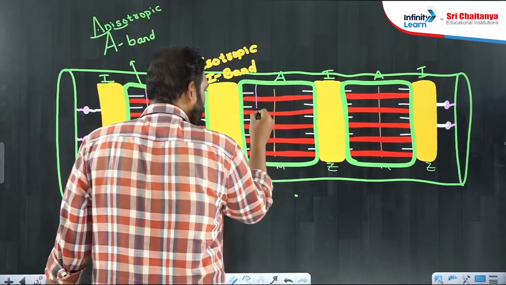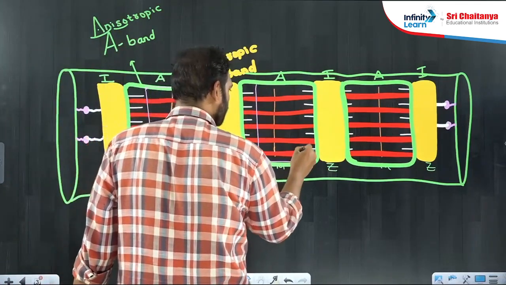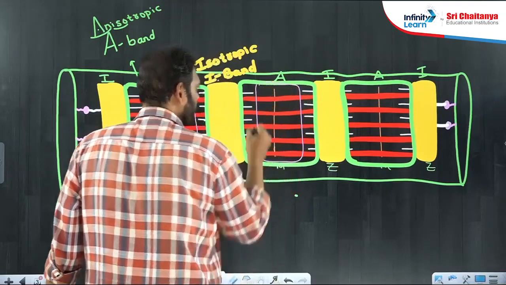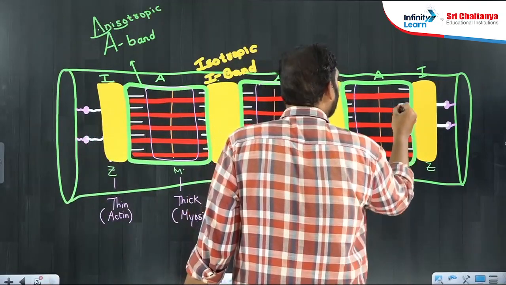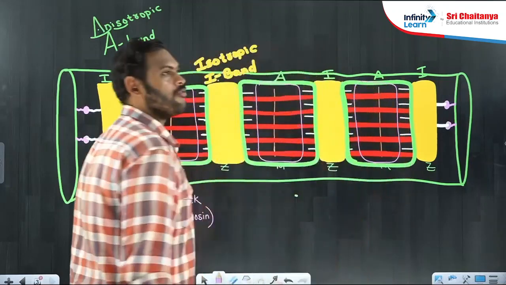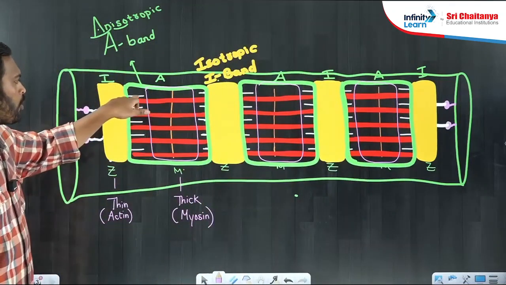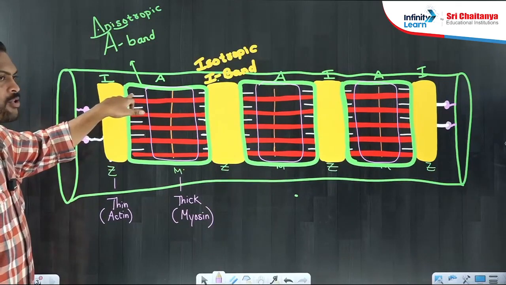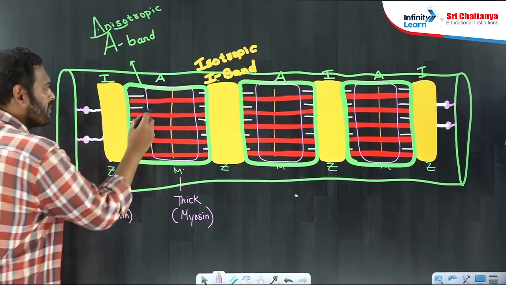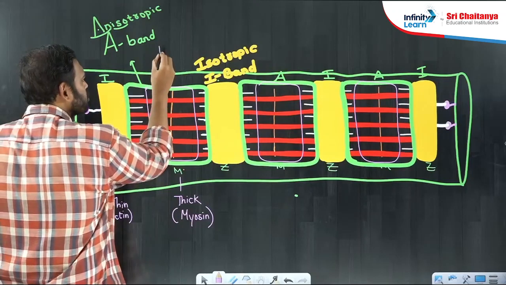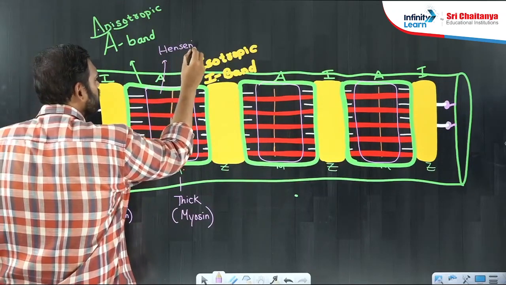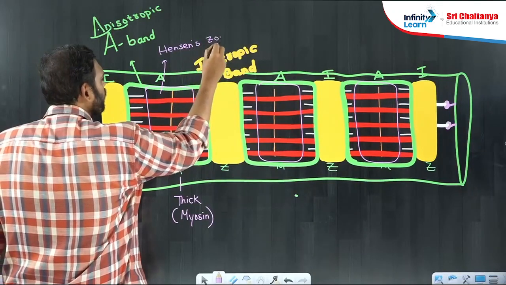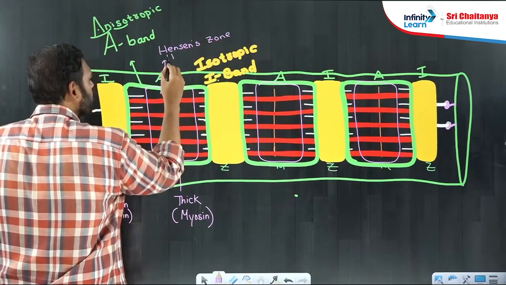No overlappings, just myosin things, isn't it? This center part of A band, where myosin was not overlapped, but there is only myosin, is called the H zone. H stands for Hensen's zone.